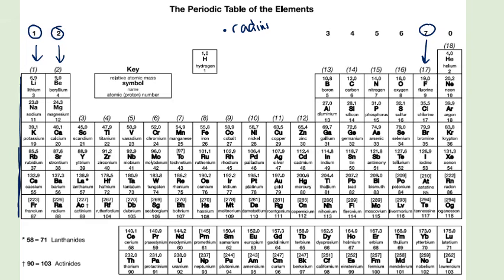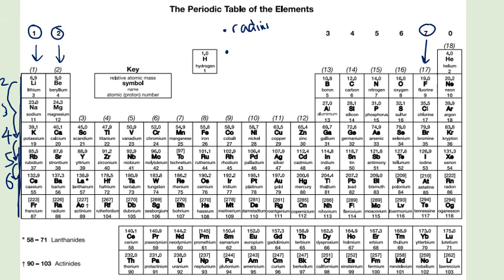Now as you go down the group, you move from period 2 to period 3 to period 4, period 5 and so on. As you move down the group, you have more shells. If you have more shells, your radius increases. So as you go down the group, you get a bigger radius.